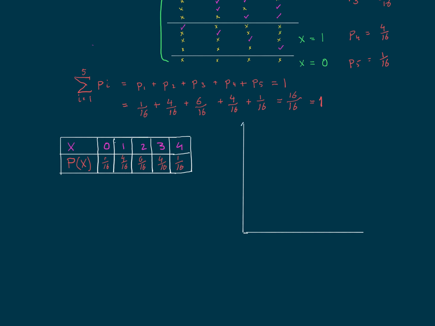And so we could represent this on a probability graph where this is going to be our probability and our discrete variable x is on the x-axis. And so as we graph them, that's 1. And so our graph, as you can see, has this probability distribution, which looks pretty normal here.